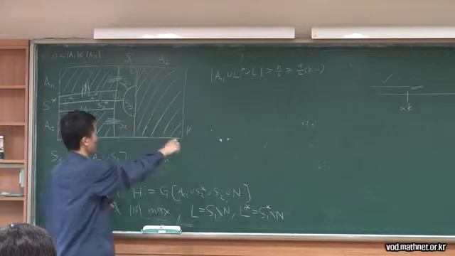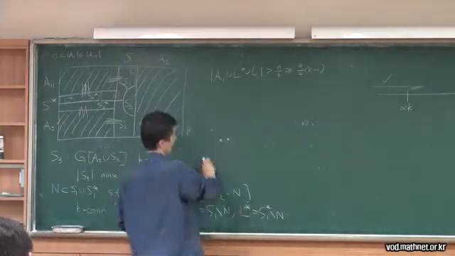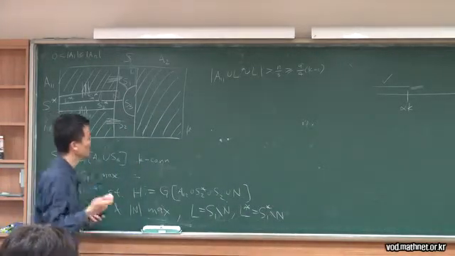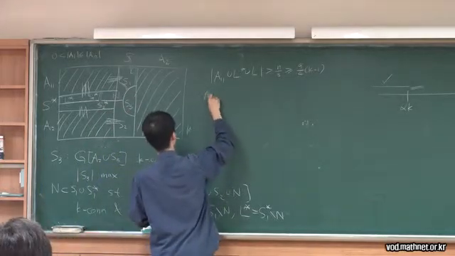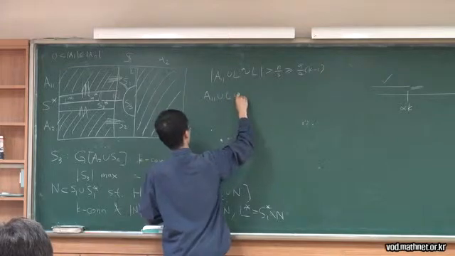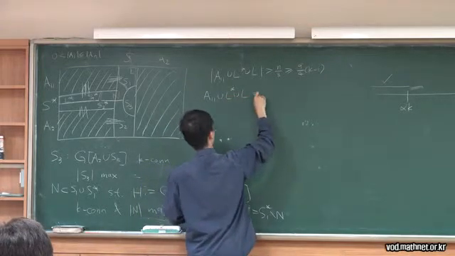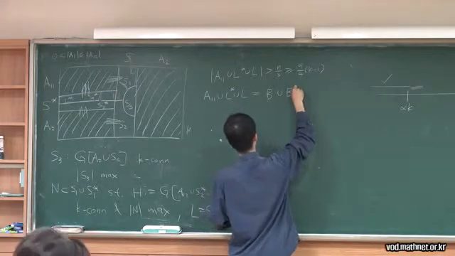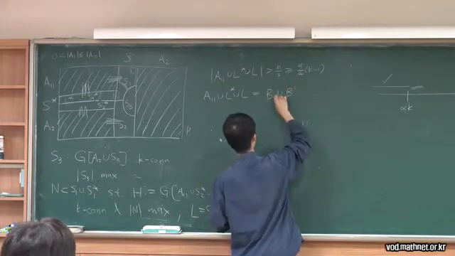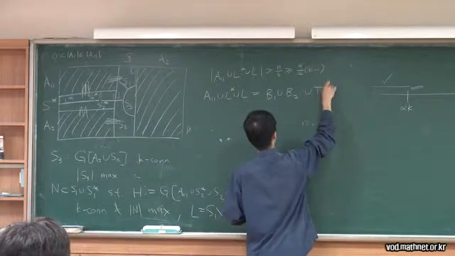So the rest of them has to be more than 1/3, and therefore I can find a cut set for this here. And I'm going to call this B1, B2, and T prime.